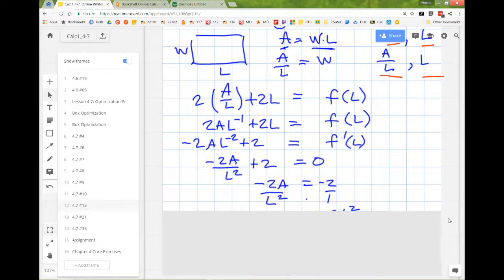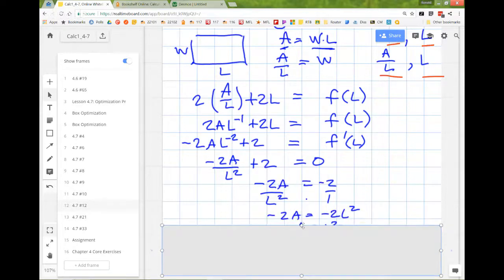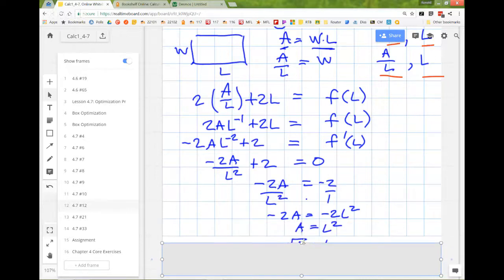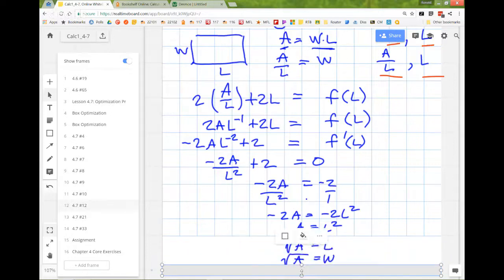Subtract 2 from both sides. Multiply both sides by L squared, getting rid of the denominator. And get rid of the -2 on the right. Solve for L. Yep.